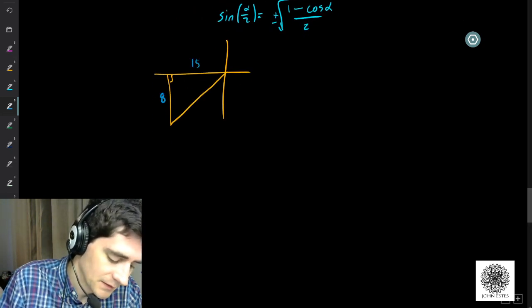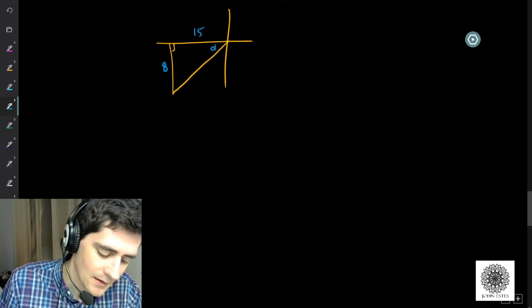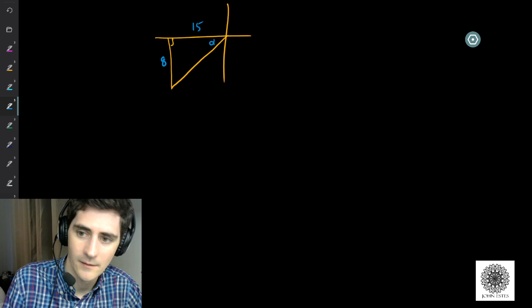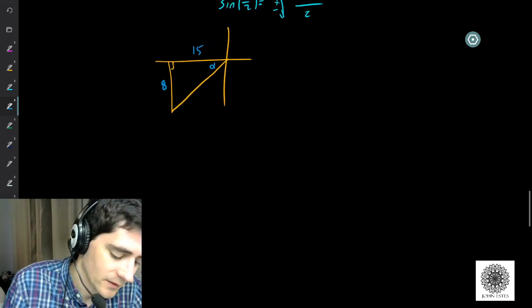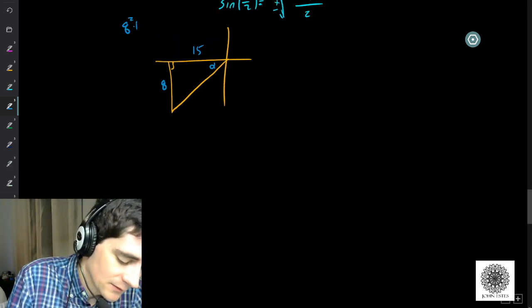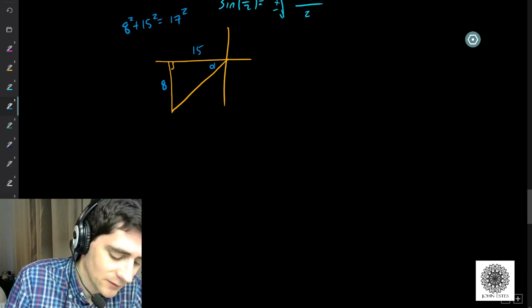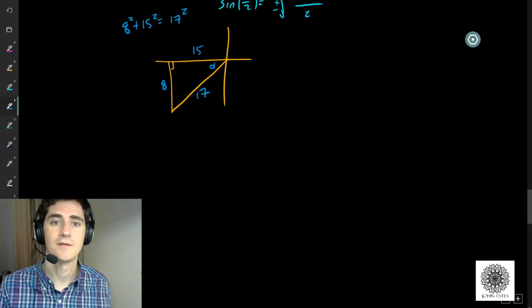Here's alpha. And so if I use the Pythagorean theorem, 8 and 15 are actually part of a common triangle. 8 squared plus 15 squared is going to give you 17 squared. So this hypotenuse is 17.